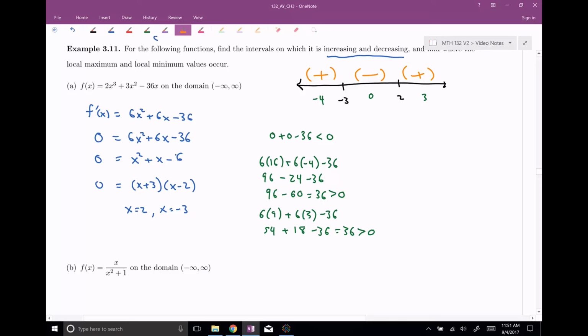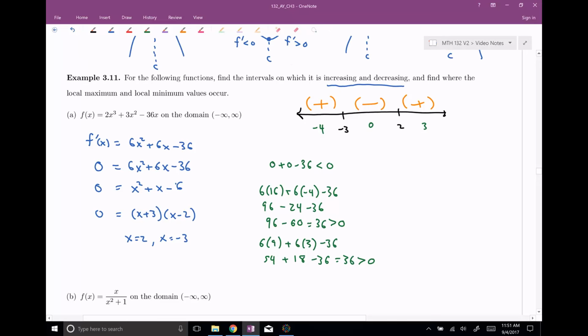Okay, so we were asked to figure out when it is increasing and decreasing, and then we want to find where the local maximums or local minimums are. So okay, let's say f is increasing on negative infinity all the way up to negative 3, and then again from 2 to infinity. f is decreasing on negative 3 to 2. f has a local max at x equals what?